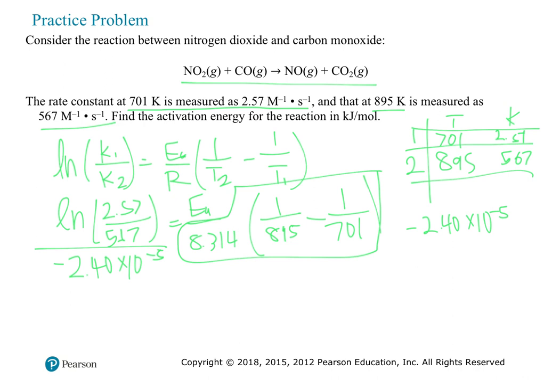And we'll do our natural log of 2.57 divided by 567. And we get our activation energy to be 2.25 times 10 to the fifth. That's in joules per mole. Since I want it in kilojoules, we'll just divide by 1,000. So we get 225 kilojoules per mole.